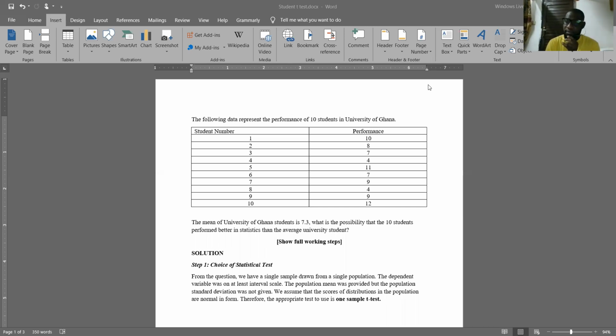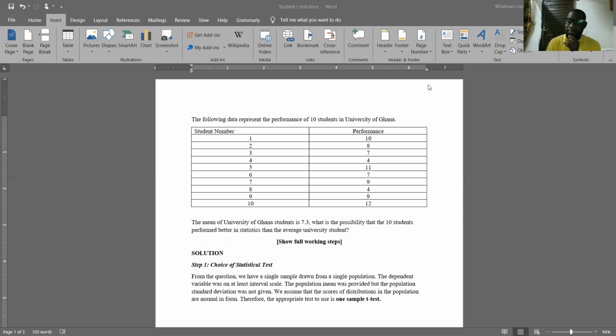Meaning that with one sample t, you should find out that always a sample should be drawn from a population, like z-test. The dependent variable should be measured on either ratio or interval. However, the population mean should be given, but the population standard deviation should not be provided in the question.